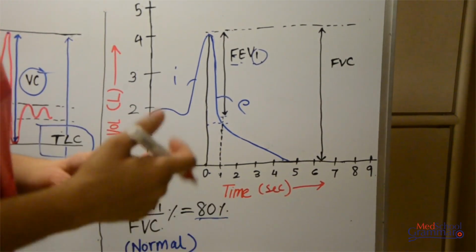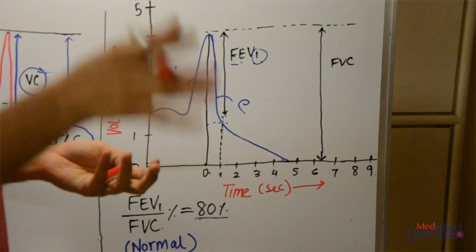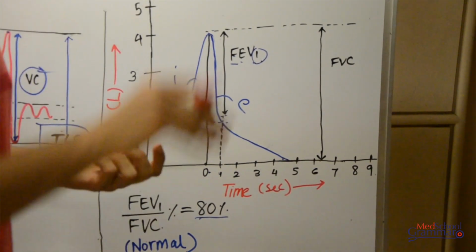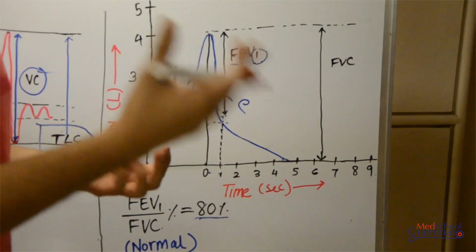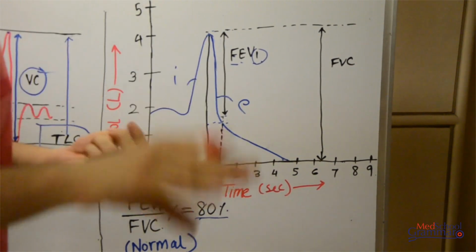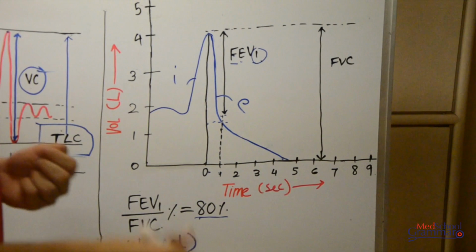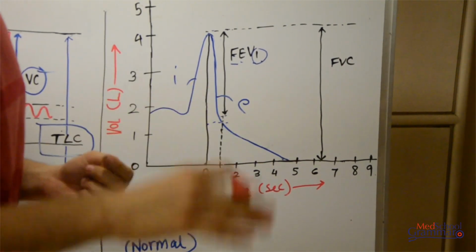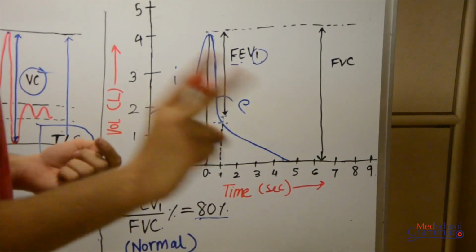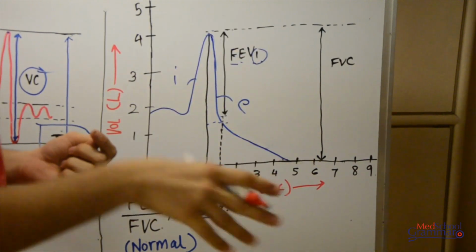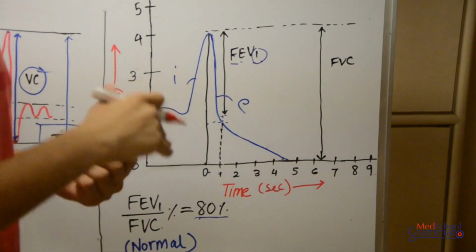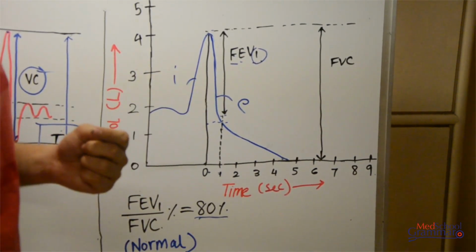Obstructive lung diseases are diseases in which there is some kind of obstruction in the airway or in the path, that is the trachea, the bronchi or the bronchioles. There is an obstruction that causes a hindrance in the movement of air. That is what is known as obstructive lung diseases.